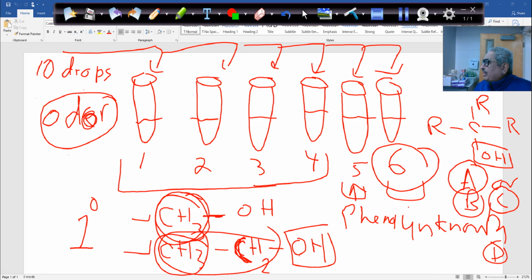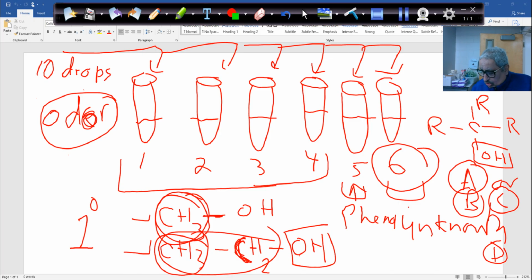And you can always relate a smell to something you can visualize, like the odor of a red rose, for example. So always relate it to something you are familiar with. Same thing here, 10 drops each. We smell the whole smell. So two physical approaches, the odor and solubility.